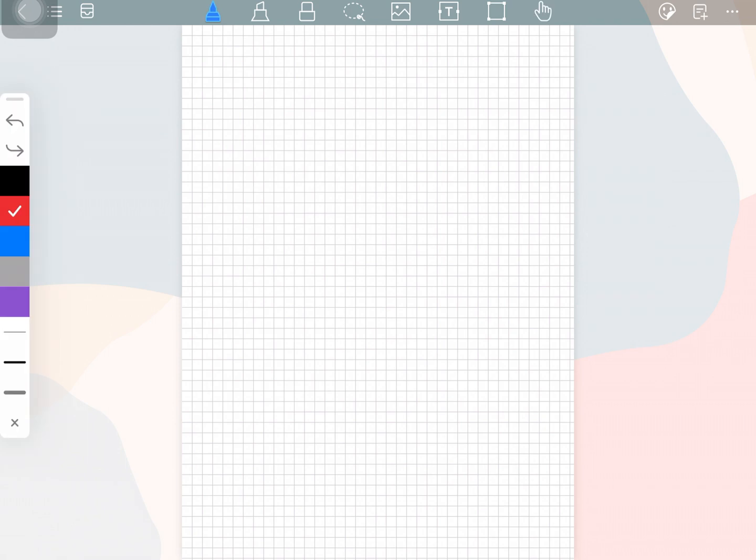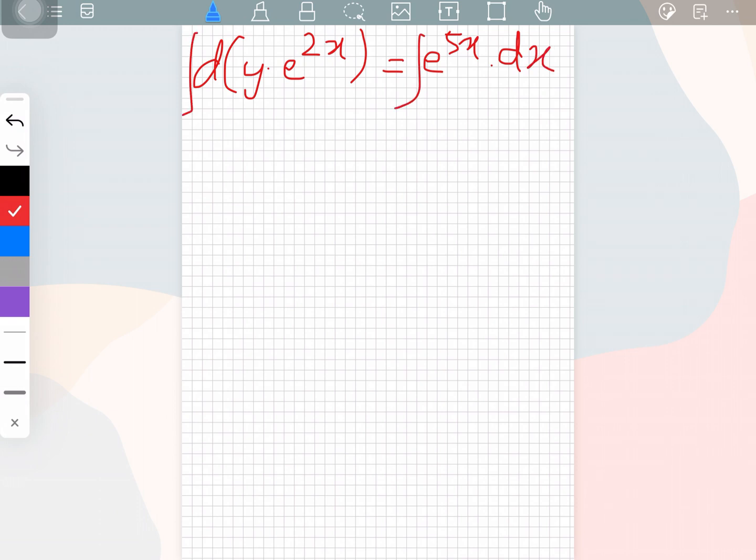So finally, what you can do is you can send the dx to the other side. So what I mean is y e to the power 2x is equal to e to the power 5x times dx. And now that we have this, let's just integrate both the sides. And I hope you know that integration and derivative are just opposite in nature.